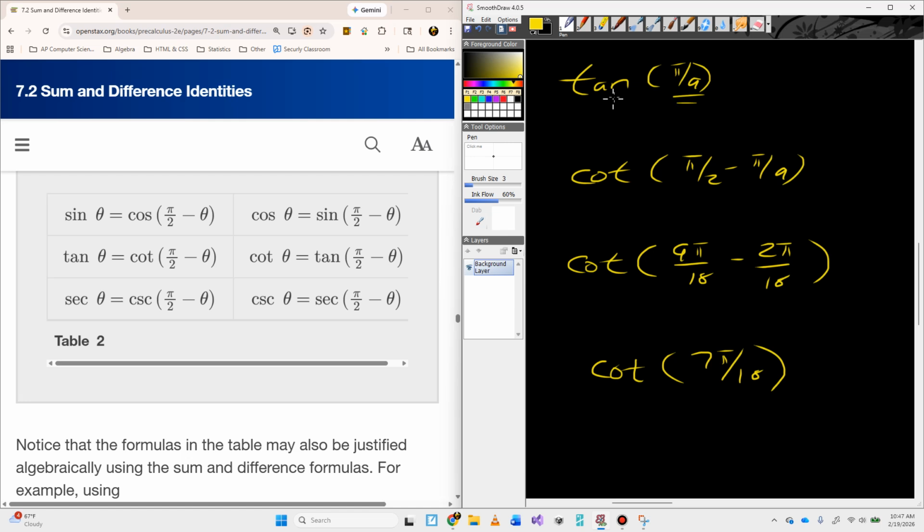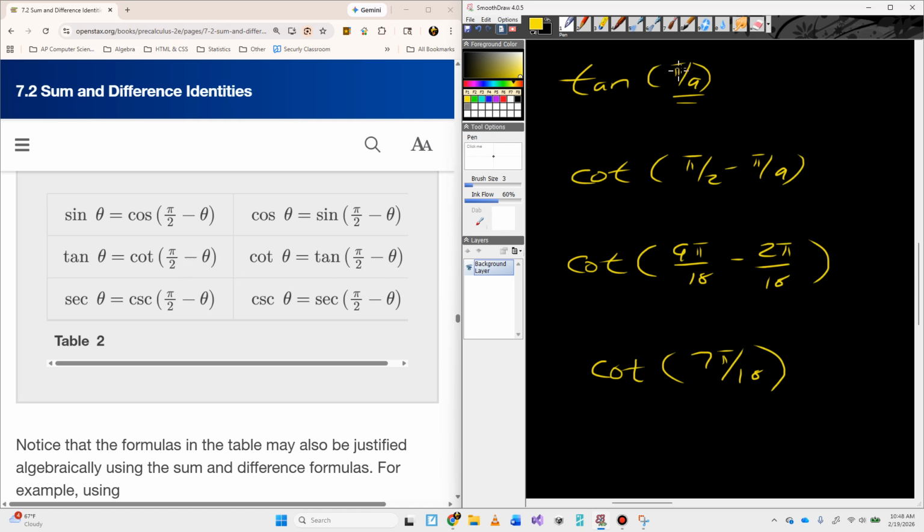So the cofunction, if I was to try to look up a triangle, and I was trying to get the tangent value of that angle pi over 9, I could use the cofunction for tangent, which is cotangent, as long as I adjust its angle using the property of cofunctions.